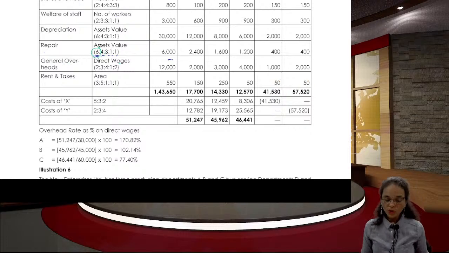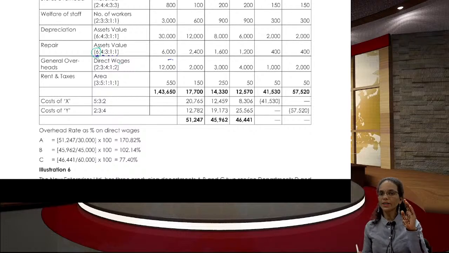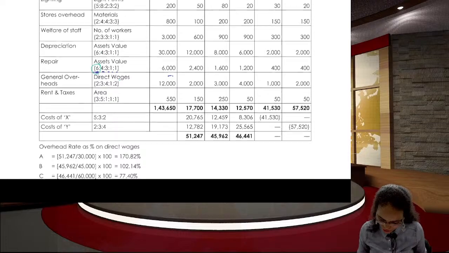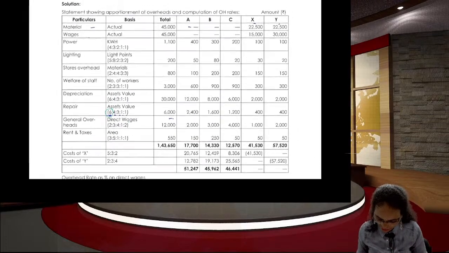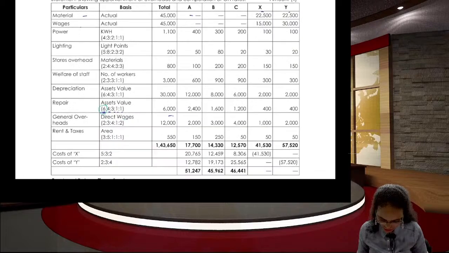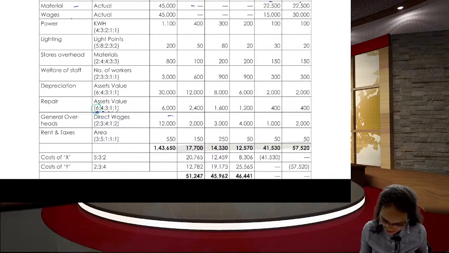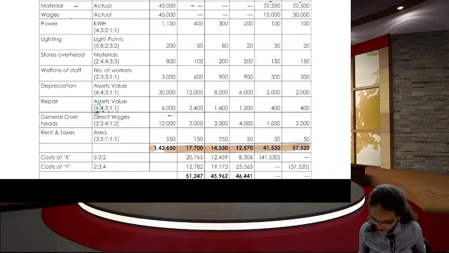Right. So totally we have allocated the overall expenditure to all the departments. Now if you add all this, you will get the totals. For one thing I will show you, I will calculate and show you this total.